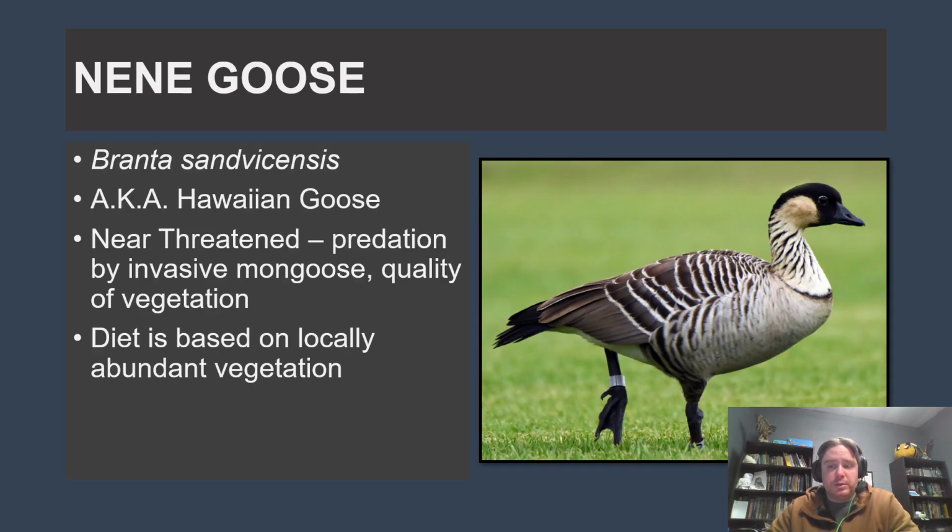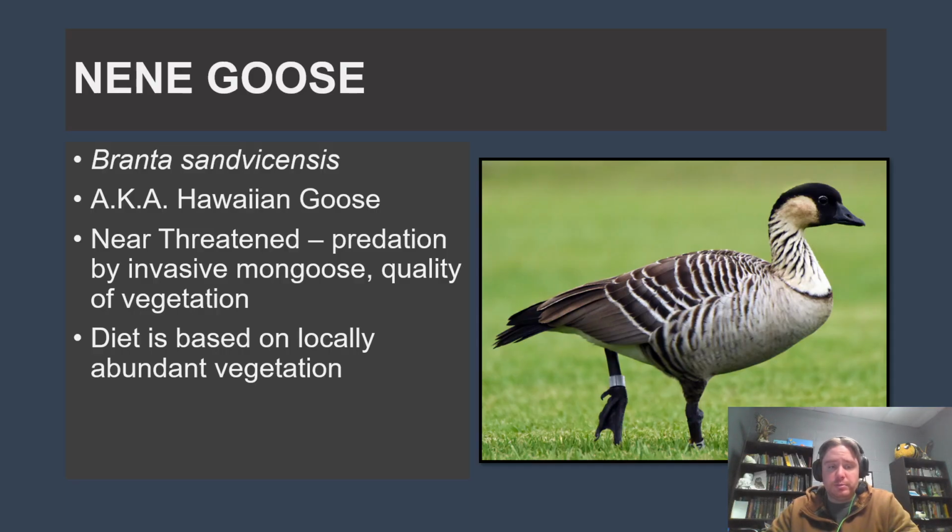And in fact, their populations are really only sustained through releases of captive reared birds. Their populations are not particularly self-sustaining in the wild, just because of the relative vegetation quality in the habitats that these individuals now live in, and because of this invasive mongoose. So this individual is being sustained through captive breeding programs.